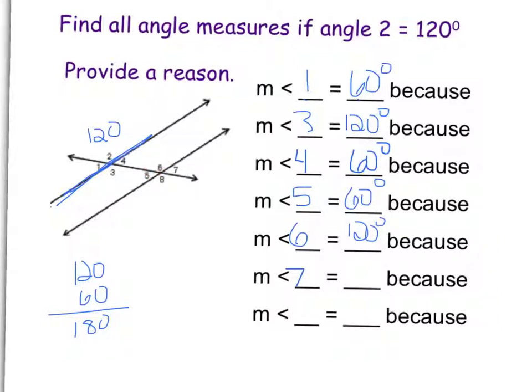Angle 7 is 60 degrees, and again, you only need one explanation, but it is vertical to 5, supplementary to 6, alternate exterior to 1. And lastly, angle 8 is 120 degrees. A variety of explanations. I could have said that it was alternate exterior to 2. I could have said it was supplementary to 7 or 5. Or I could have said it was vertical to 6 or corresponding to 3. Any of those explanations would work.